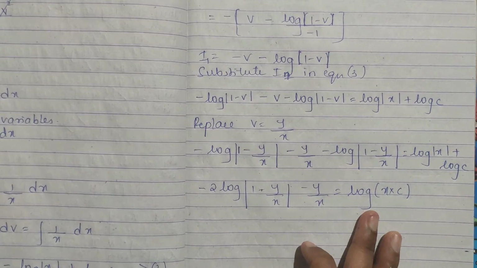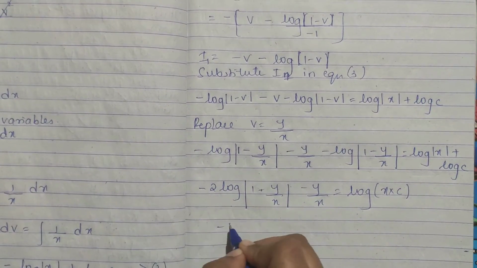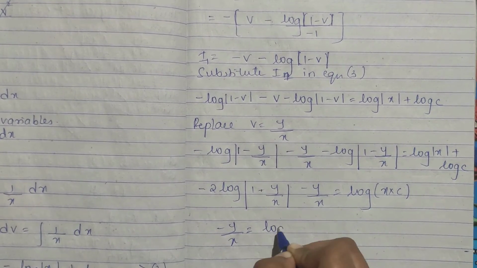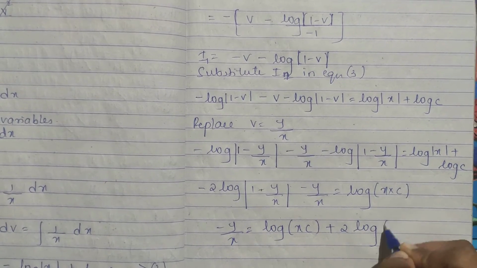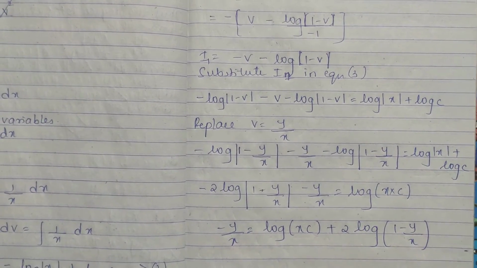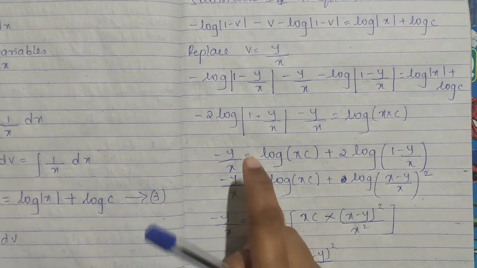This becomes here. Now what we can do is take the log again to this side, this will be minus y by x, you will be having log x into c and plus 2 log of 1 minus y by x, right. So take your 2 here.